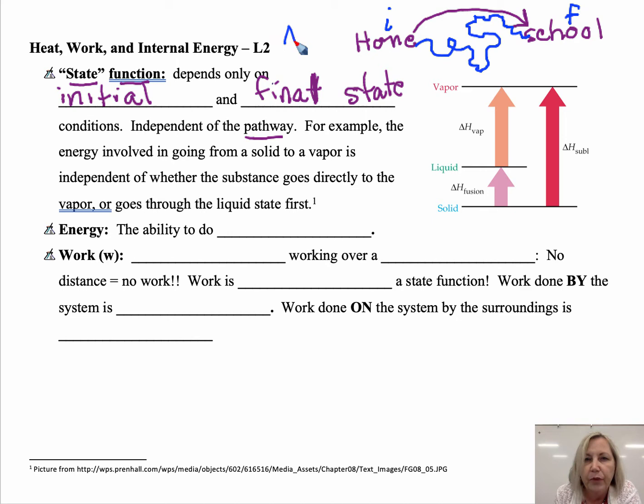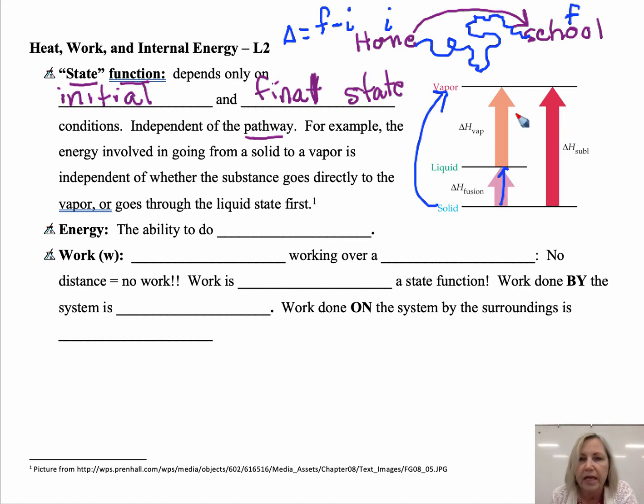So we would often put a delta in front if it is a state function, and a delta in chemistry is final minus initial. Now, a chemistry example would be a solid going to a vapor. The energy that is involved is independent of the pathway.